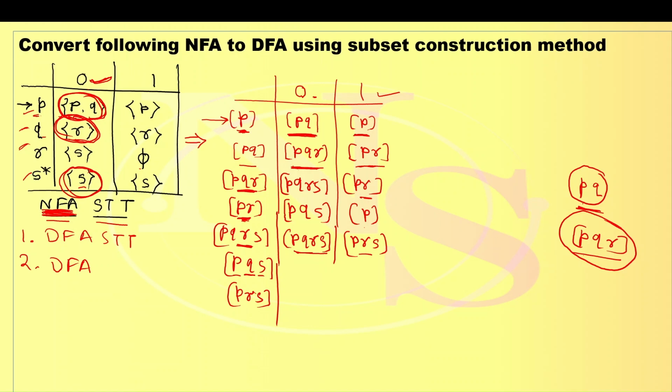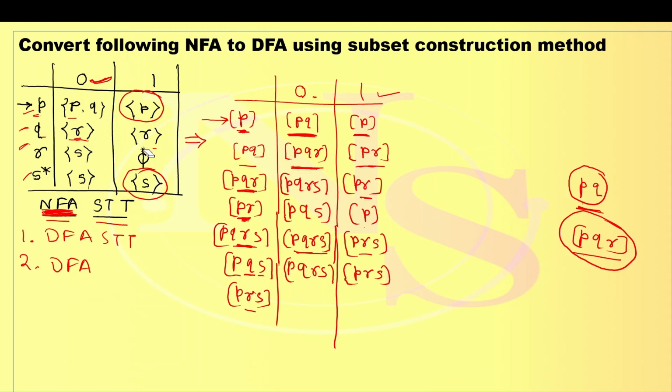Combine this, so it goes to PQRS. Similarly, for transition 1, P on 1 gives P, Q on 1 gives R, S on 1, yes. So PRS. Is there a new subset? PQRS is covered here. PRS is already written, so no need to worry, no new subset. Next one is PRS. Repeat the process for PRS also.